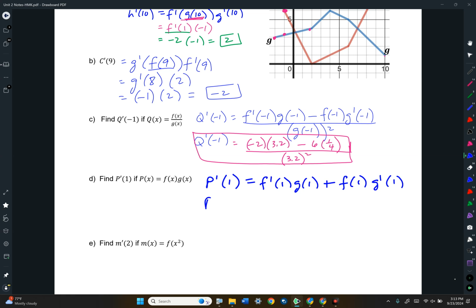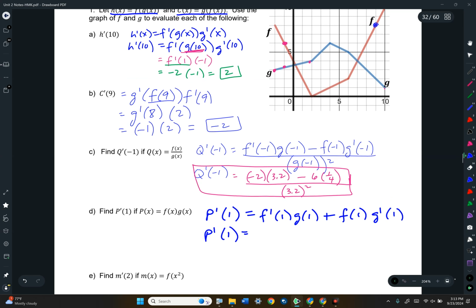Okay, so let's fill in our values. So the derivative of P at 1 is, I like to put a point up here so it's easier to identify. So we're looking at x equals 1. So here we are on the f graph and the g graph. Okay, so let's see. F prime of 1, I believe the slope is negative 2. G of 1, what do you want to call that?